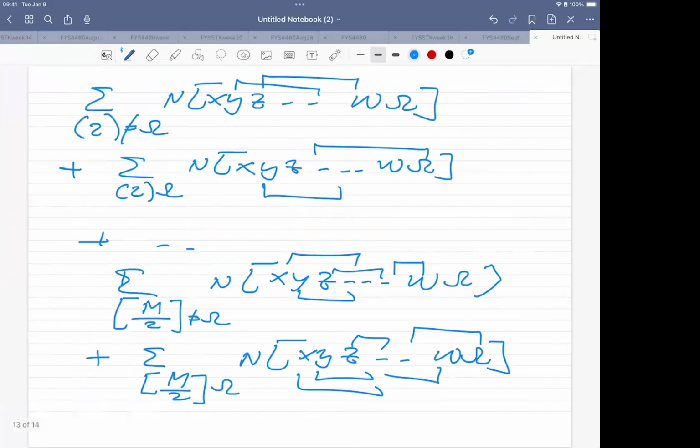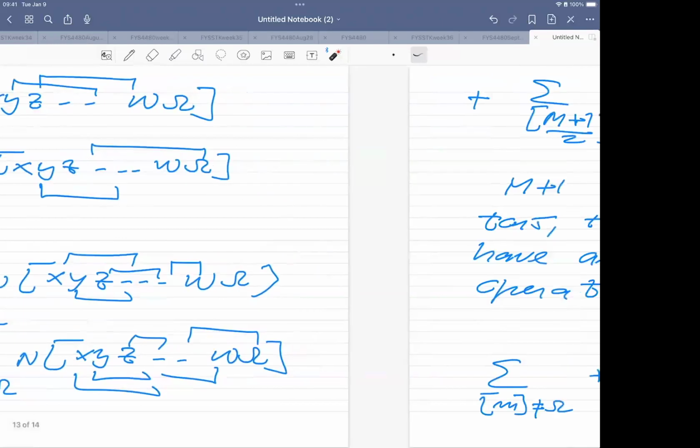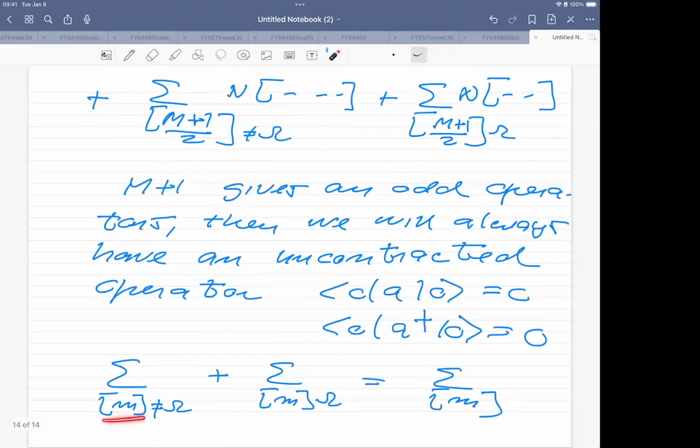So the one with no contraction with the omega here is the one which follows from the lemma. This is what you would get from what you had before, where you simply multiply in the operator. So the lemma gives us this addition here. And with that, we know obviously that when we sum without and plus the one with, then that simply has to be the sum of all the operators.